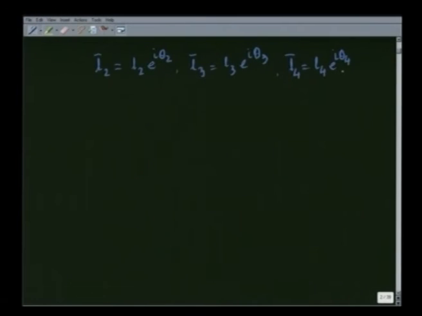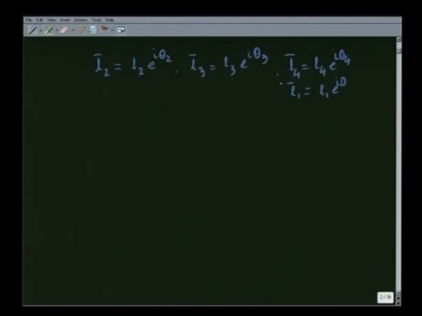Since theta 1 is 0, the vector L1 is simply link length L1 into e to the power i 0, which is 1. So, let us substitute this complex exponential notation into the loop closure equation.